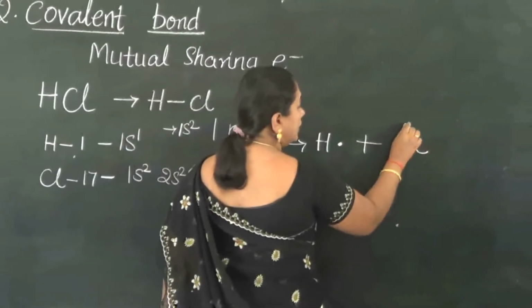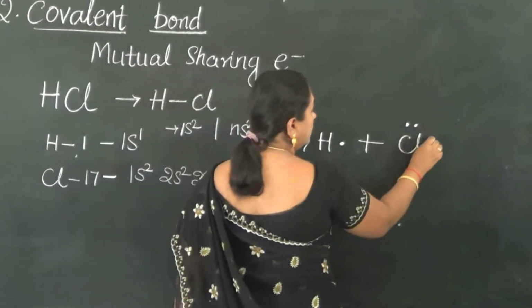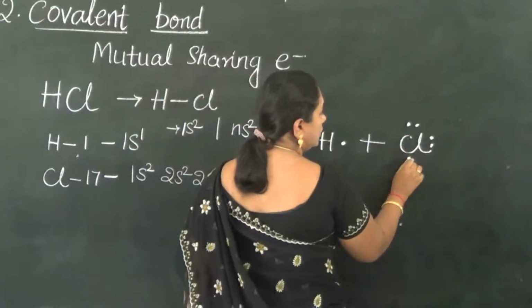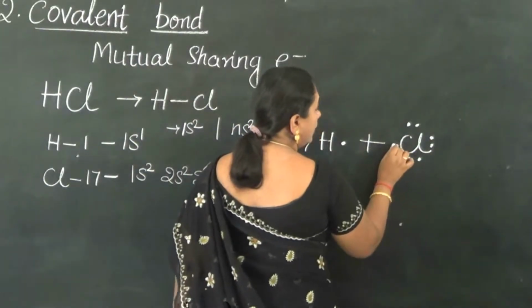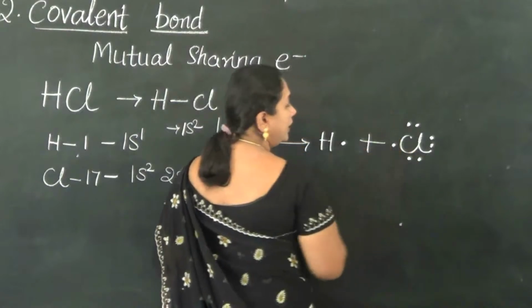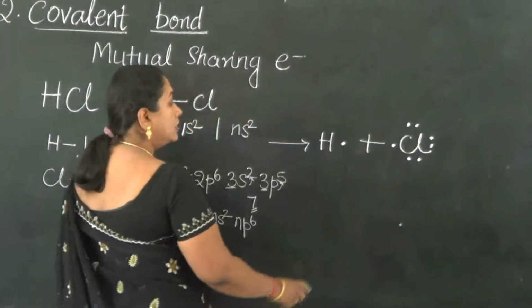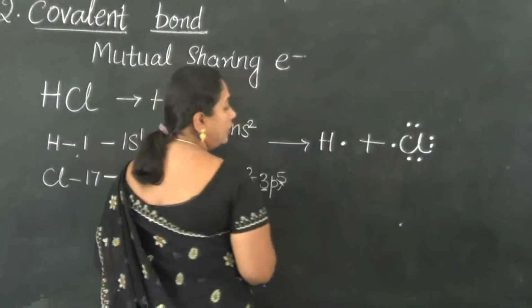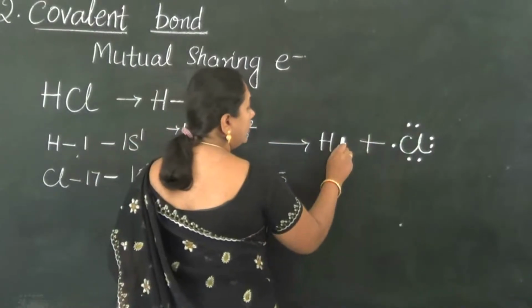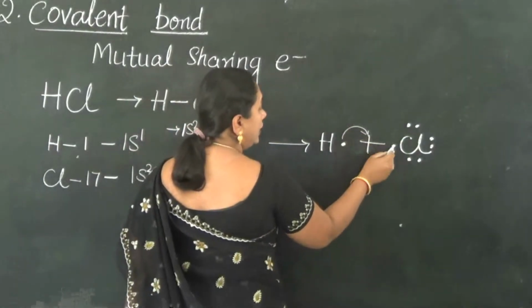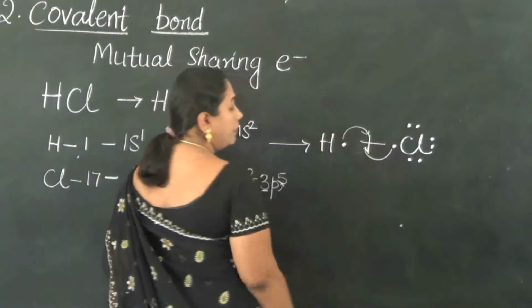The chlorine atom contains, as we have understood, 7 electrons, so the 7 electrons of the valence shell have to be indicated by 7 dots around the symbol of chlorine. Now what will they be doing? They will donate 1 electron each to a common electron pool.